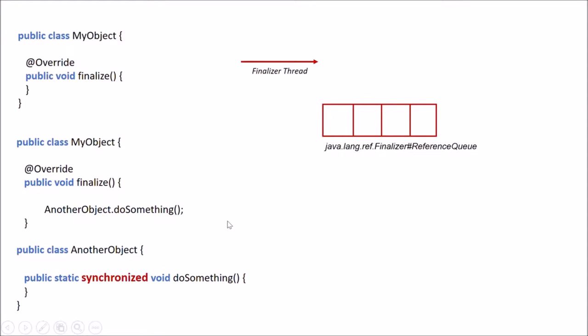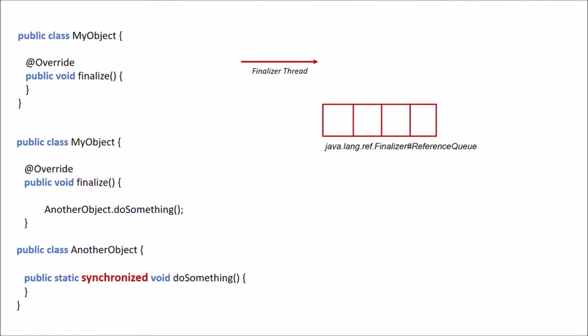Say if thread T1 is executing this do something method, and a second thread tries to come and execute it, he cannot execute. He will go into the blocked state until the first thread completes. Once the first thread completes, then he can go ahead and execute this do something method.